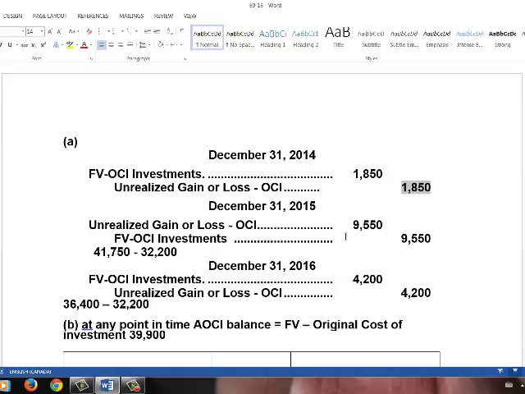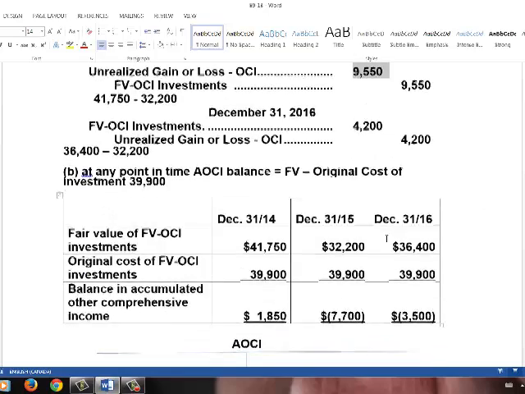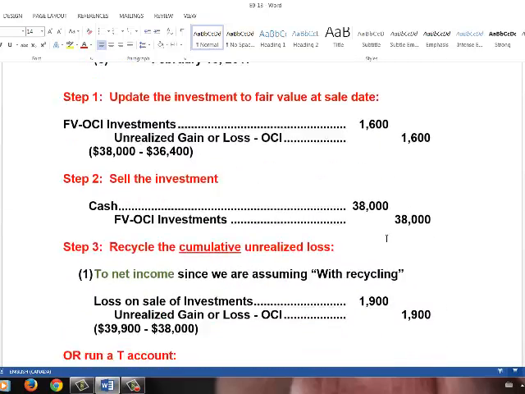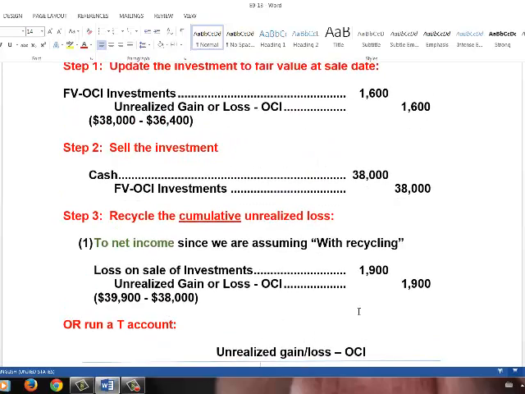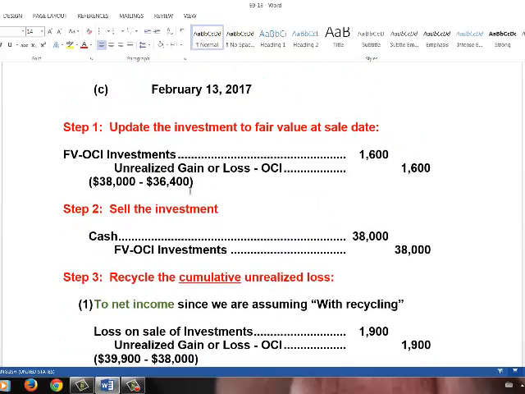I know in 2015 I debited that account for $95.50. So here it is right here. And I know that in 2016 I credited that account for $4,200, and I also know that when I updated the investment in Fahad that I sold, I credited it for $1,600 to bring it up to its fair value at the date of sale. Remember, I did that in step 1.